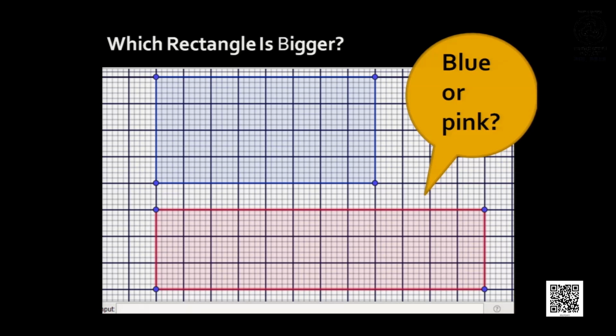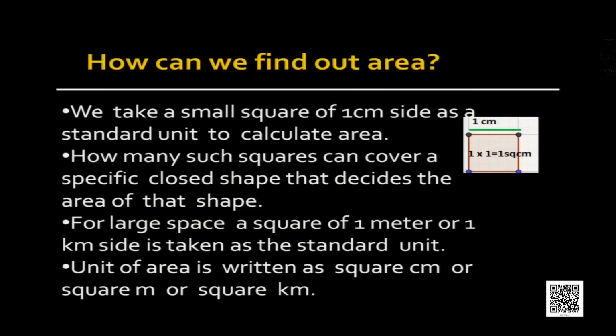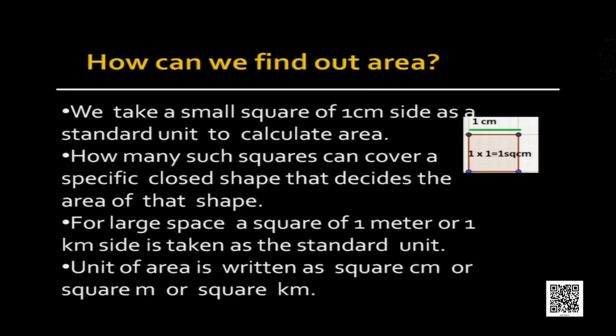So for this, what we will do, we will take a 1 centimeter square as a standard unit. So a 1 centimeter square will have 1 into 1 square centimeter area. So this will be taken as a standard unit and we will measure our area using these small squares. How many such 1 centimeter squares will cover our specific closed shape decides the area of the shape.